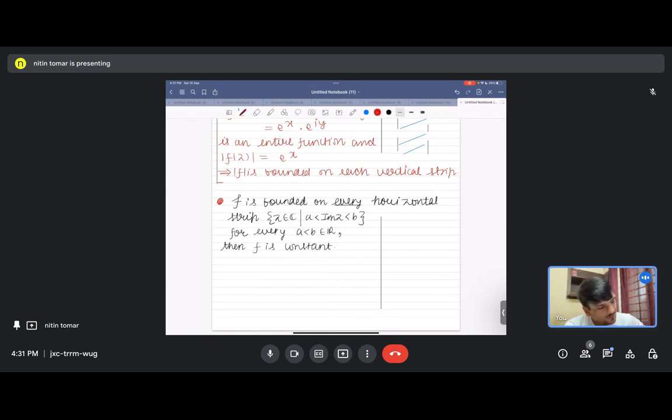Then still this f will not be constant, right? So you will have a domain like this, a vertical strip. If this is your axis, it will be something like this.